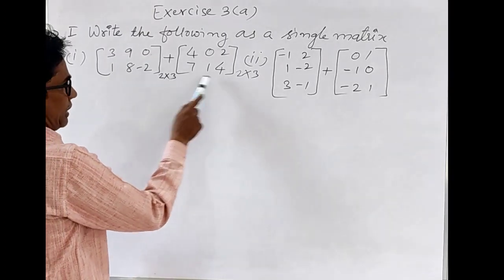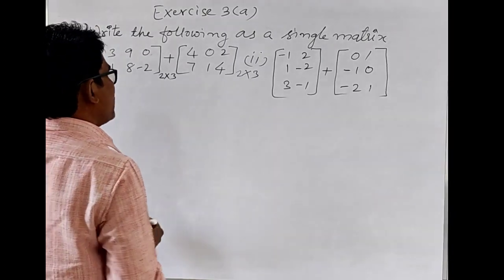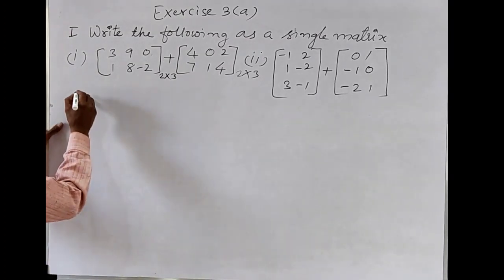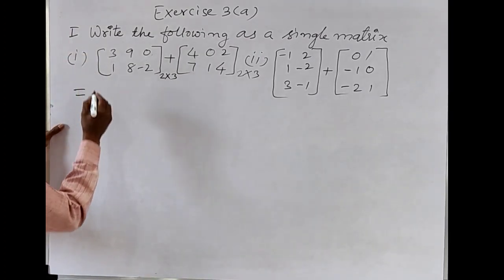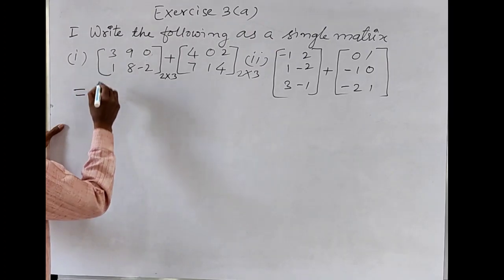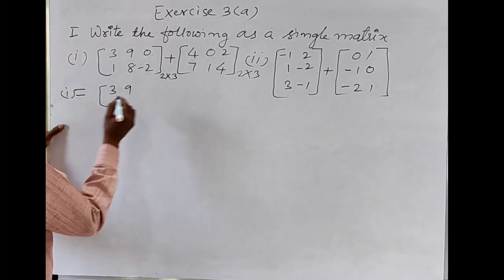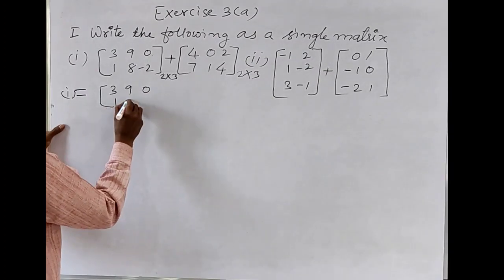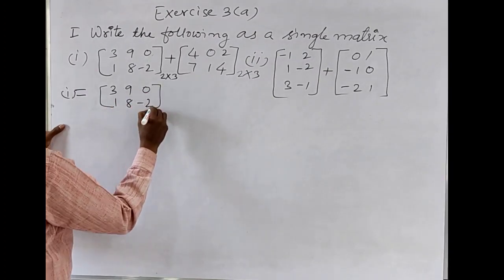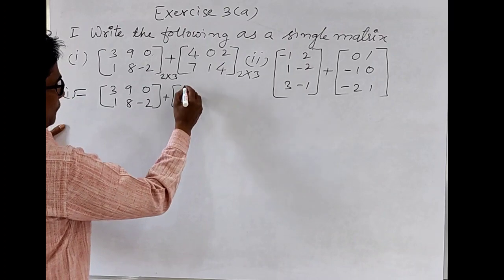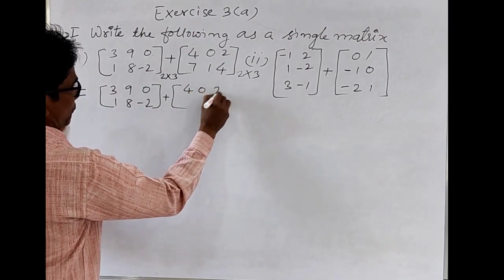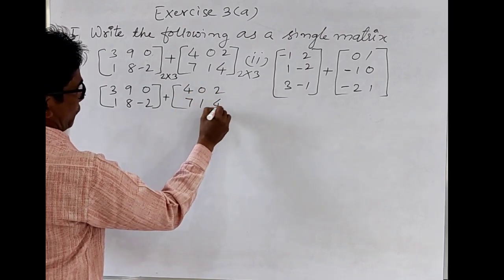Same 2 cross 3, 2 cross 3. Order is same, therefore addition is possible. Now let us see. First one, 3 9 0 1 8 minus 2 plus 4 0 2 7 1 4.